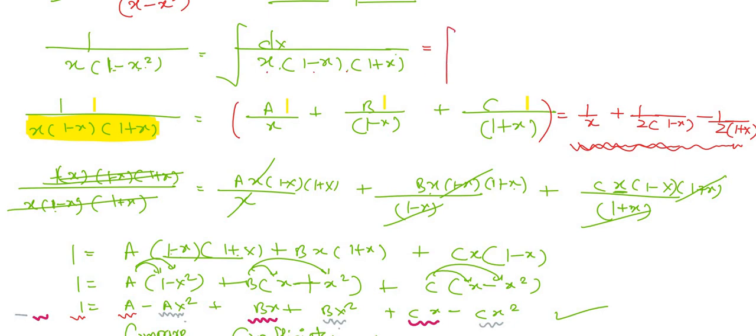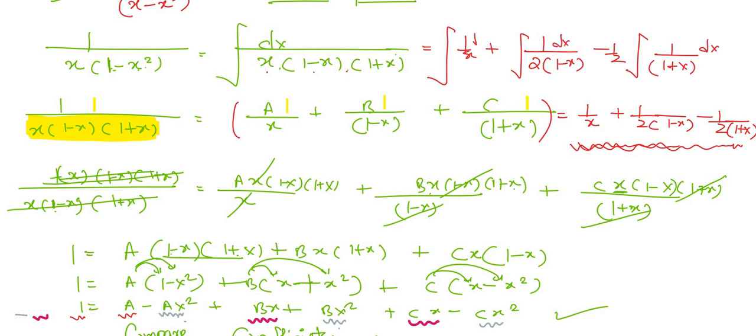This will become integration of 1 by x, plus integration of 1 by 2 into 1 minus x, plus integration of minus 1 by 2 into 1 plus x. So this question became this now, which is very easy to integrate.